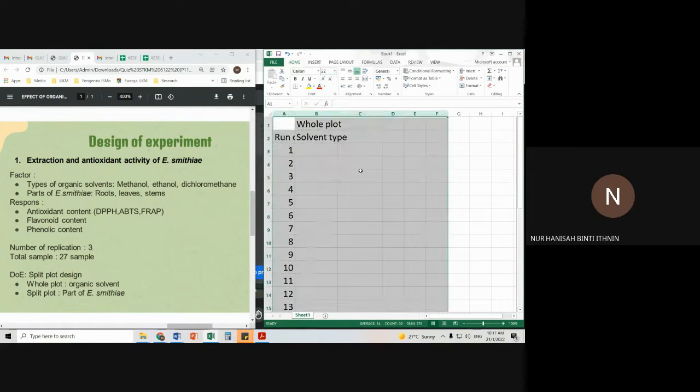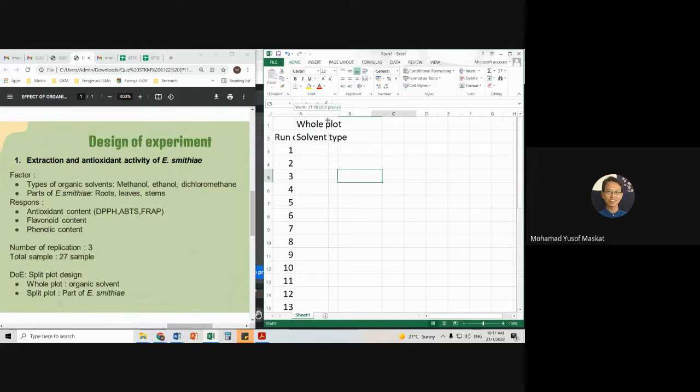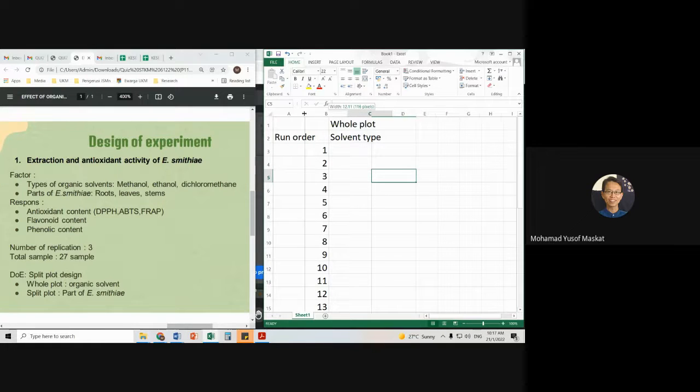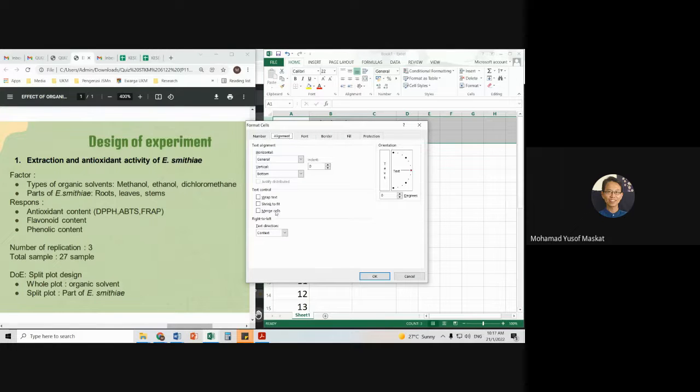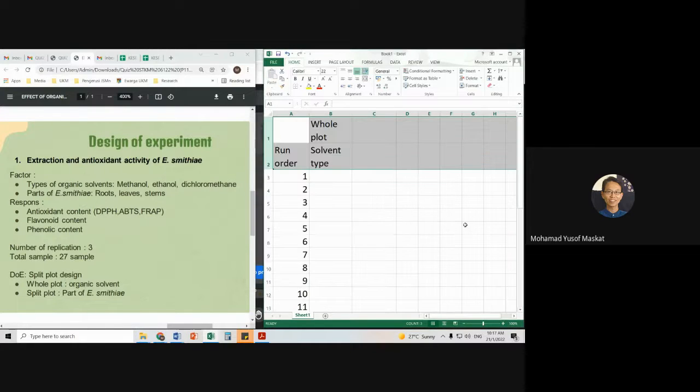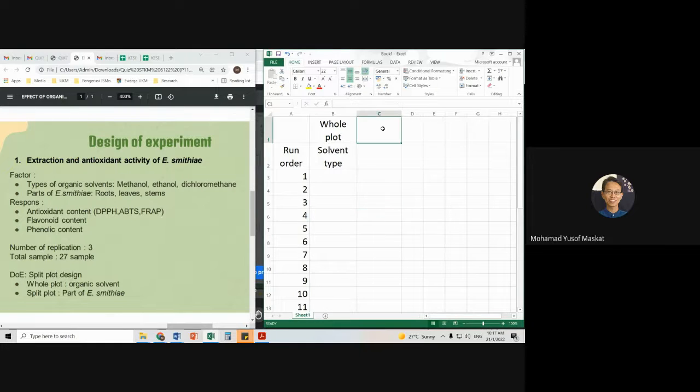Yes. Okay, so this is the run order. And then you have the whole plot. Let me just write text. So that is the whole plot, and then you have your split plot.